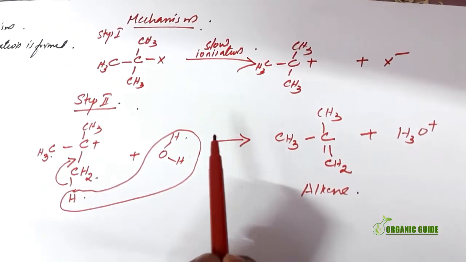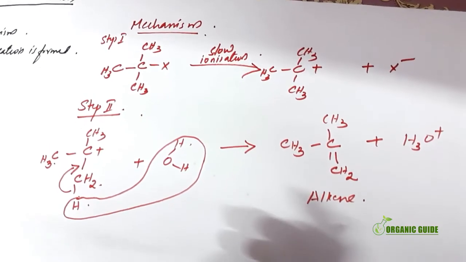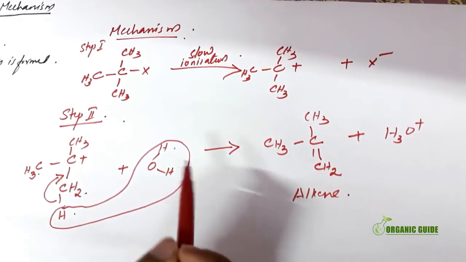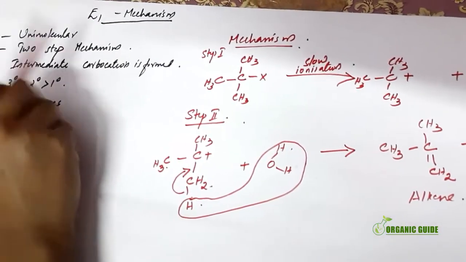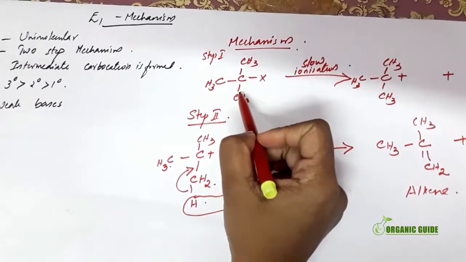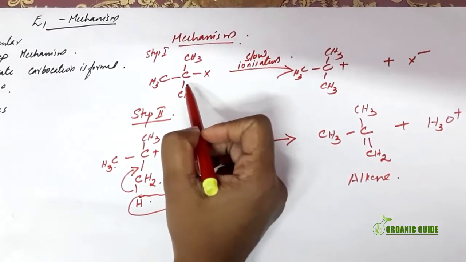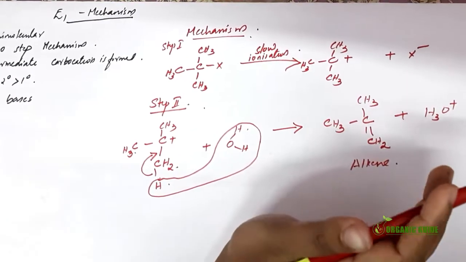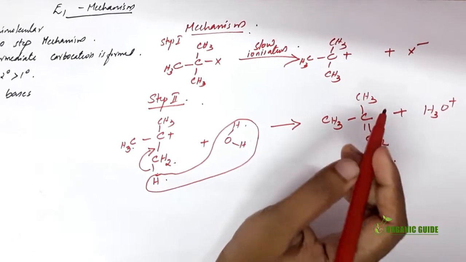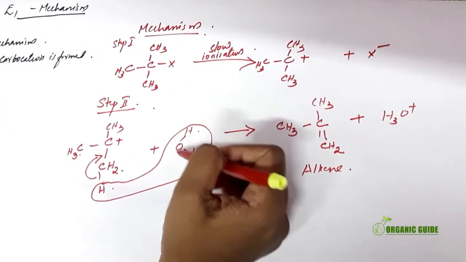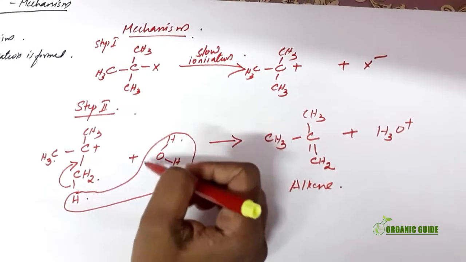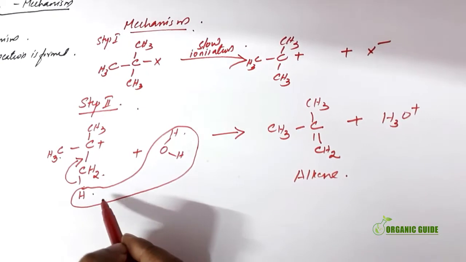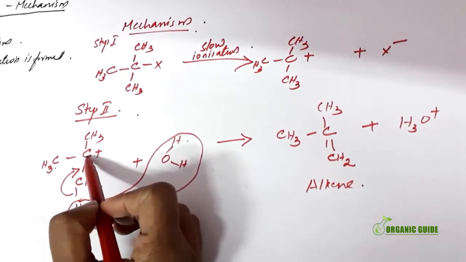So the mechanisms of the SN2 and E2 reactions are similar, as are the E1 and SN1 reactions. Step 1 is the same for both E1 as well as SN1. The only difference between elimination and substitution is that in elimination the base will always attack a hydrogen atom, while in substitution the base will attack the carbon atom.